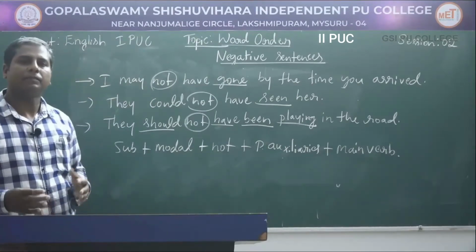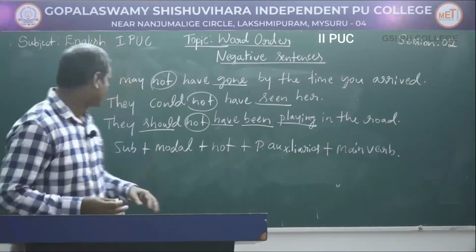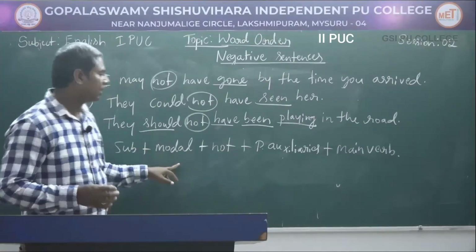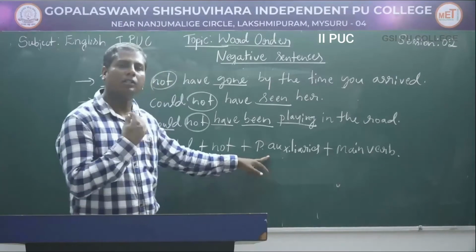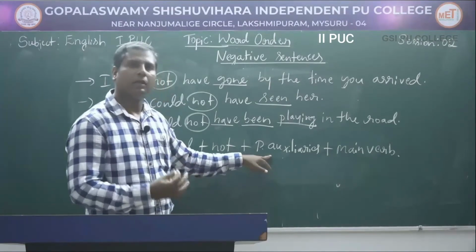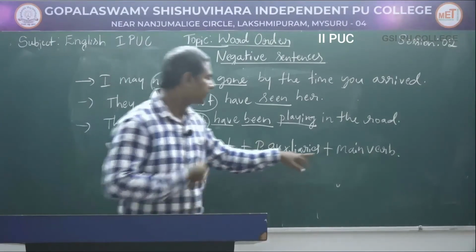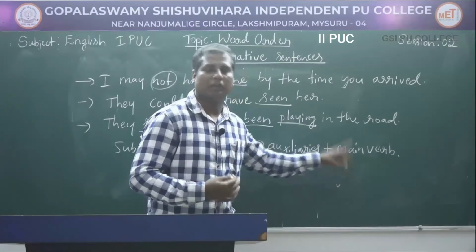So in this case, the word order is subject plus modal plus not, and then comes primary auxiliary verb or verbs if it is more than one, and then you have main verb.